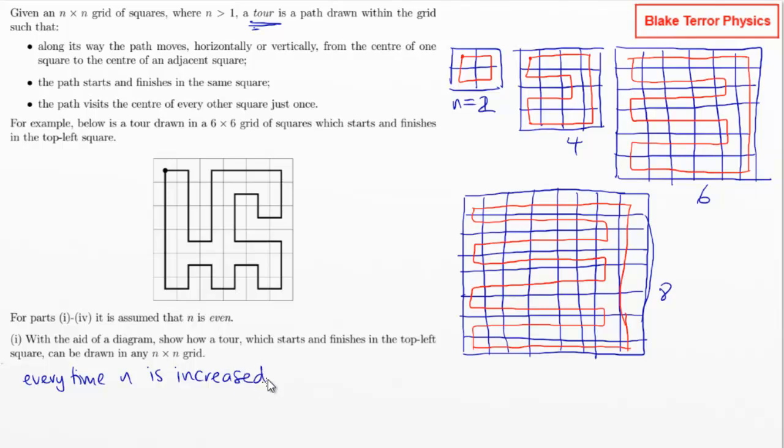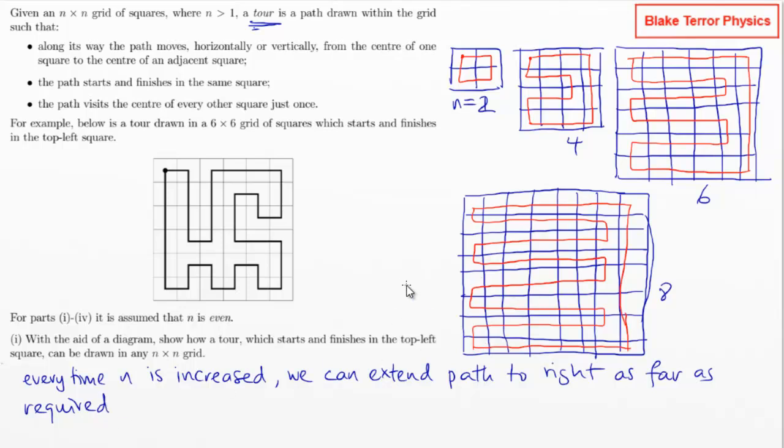We can extend the path to the right as far as we want, as far as required. Then add in an extra, I don't know what we're going to call it, an extra branch maybe. This might be a better way of putting it rather than going on about prongs and tines and things, but prongs will probably be fine.